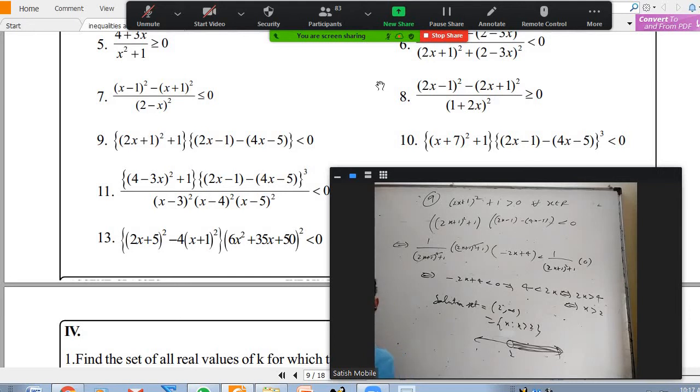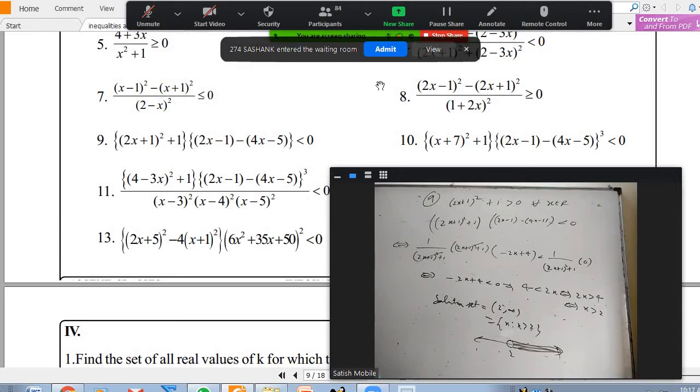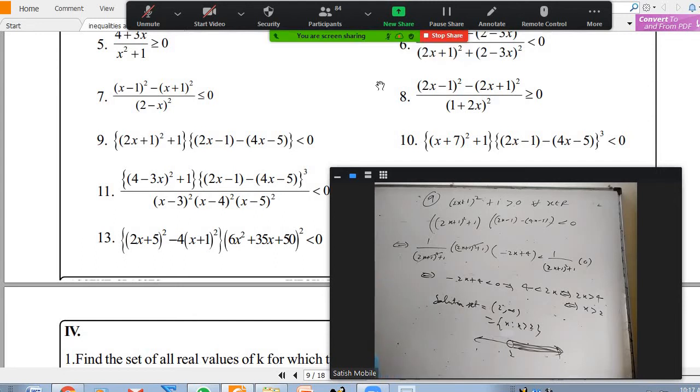Right? So in the 11th question, before doing it, ascertain the denominator: when it is 0, when it is positive, and if at all it is negative. And in the numerator also, there's a cube of the linear also.